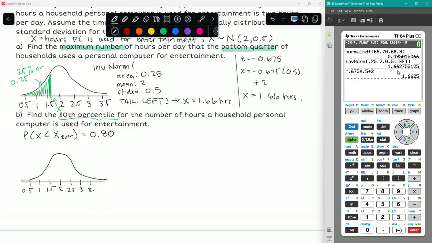So I know this is 68, and I know this right here is 16. And 68 plus 16 is 84. So sitting here at my first standard deviation on the positive side is 68 plus 16, which is 84.